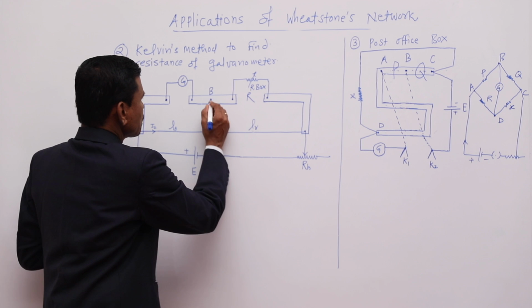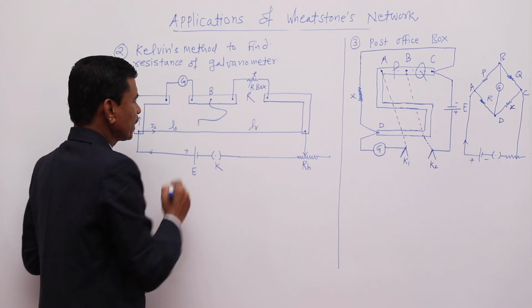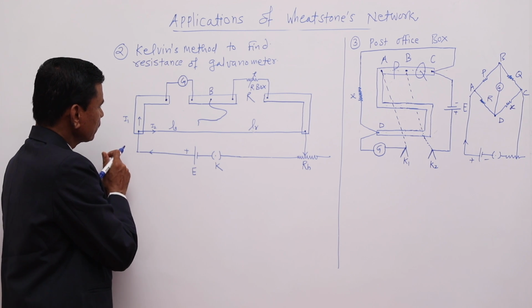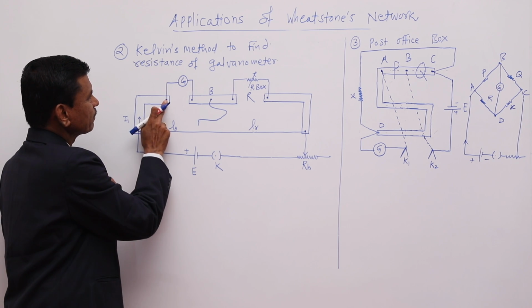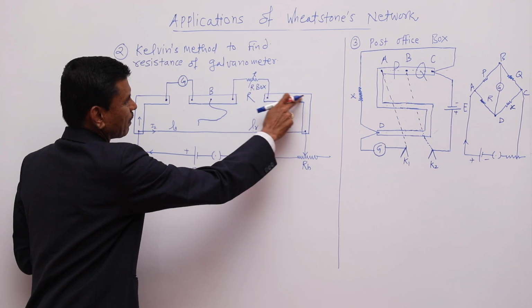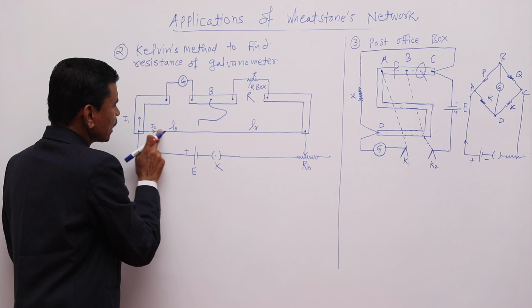From this point there is a jockey. Press the key, current will start. Let I1 be the current flowing, that will flow in the galvanometer in this way, and I2 current is flowing in the wire.